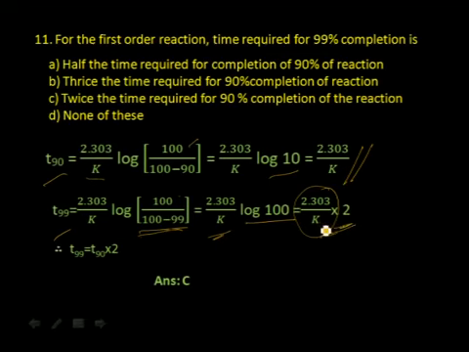If I substitute 2.303 by K as T90, then T99 is equal to 2 times T90. That means the time required for 99% completion of a first order reaction is twice the time required for 90% completion, and obviously the correct answer is option C.